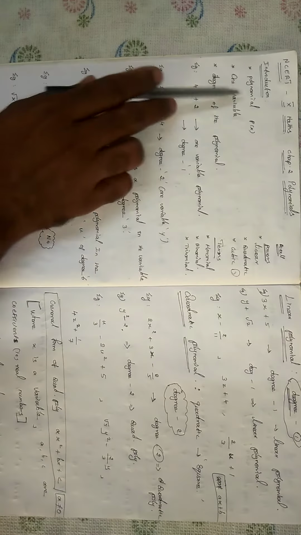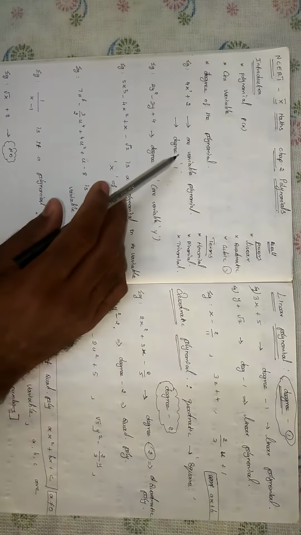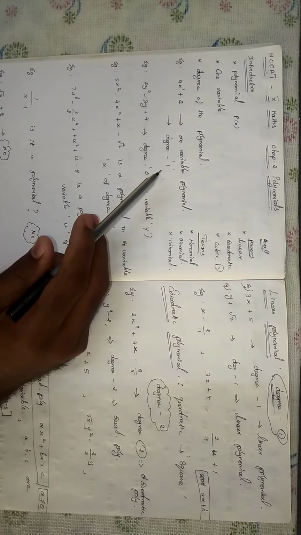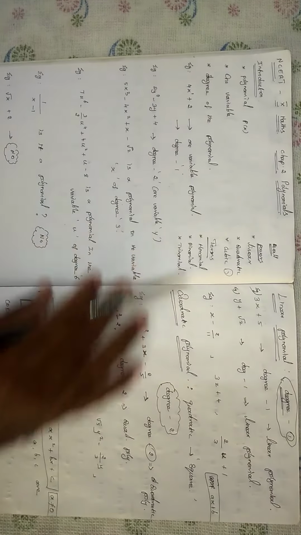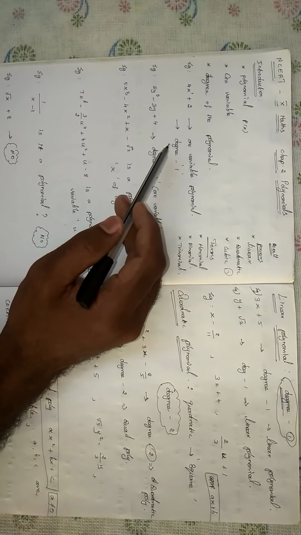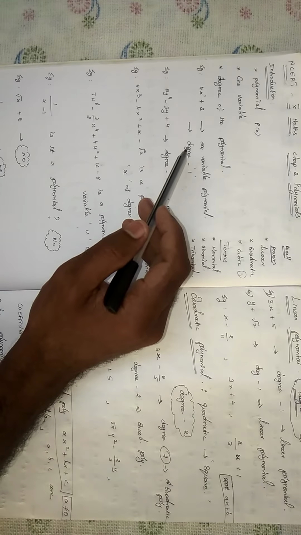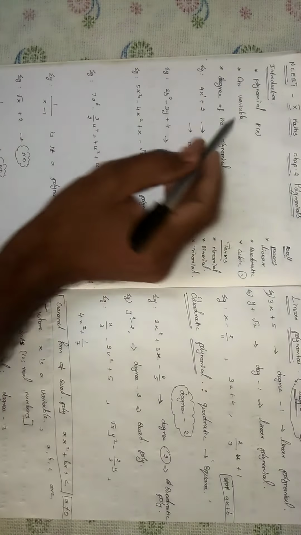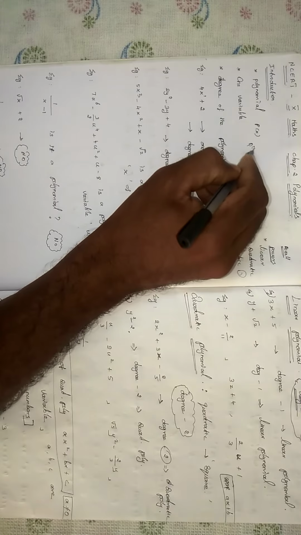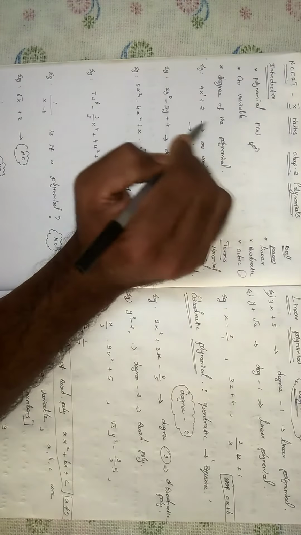Now we enter the polynomial. We write a polynomial in a single variable, right? First we should know what a polynomial is. A polynomial is denoted as p of x.